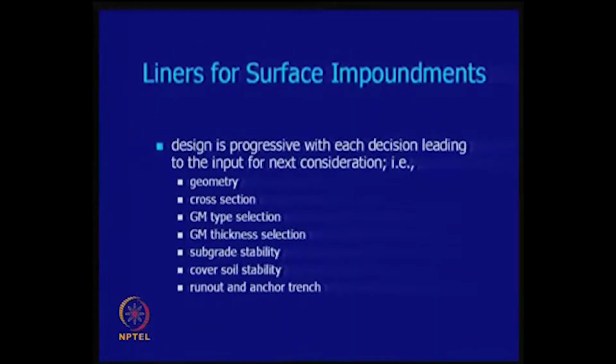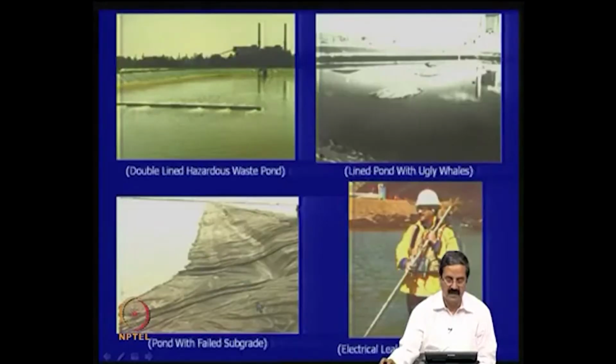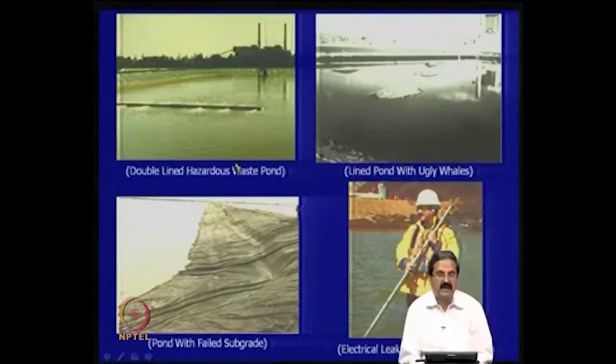Some places it can be used for surface impoundments. In the case of geomembranes there are many issues, like geometry, cross section, geomembrane selection, thickness, subgrade stability, cover soil stability and all that. In some industries, a lot of leachate has to be stored, like if you go to some chemical industry, there is a lot of waste fluid, they have to store it in some ponds.